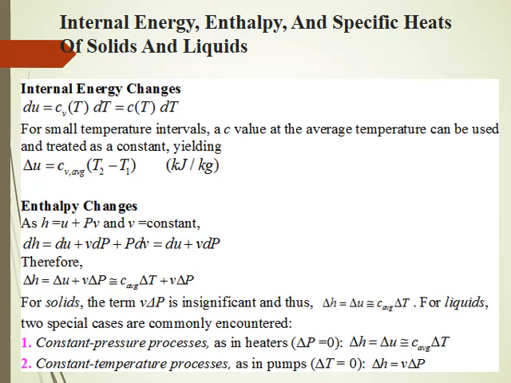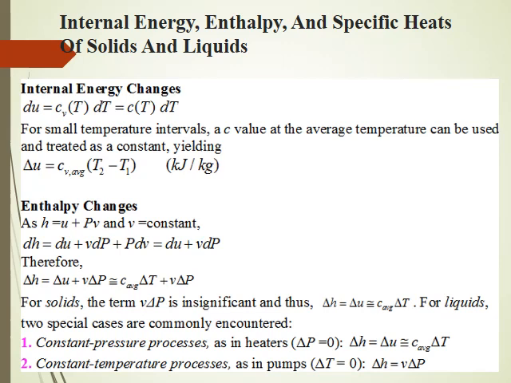Now the variation of specific heat C with temperature should be known to us before we carry out this integration. For small temperature intervals, the C value at average temperature can be used and treated as a constant, and therefore we can write delta U is equal to C average into the temperature difference, as we have written on the slide.